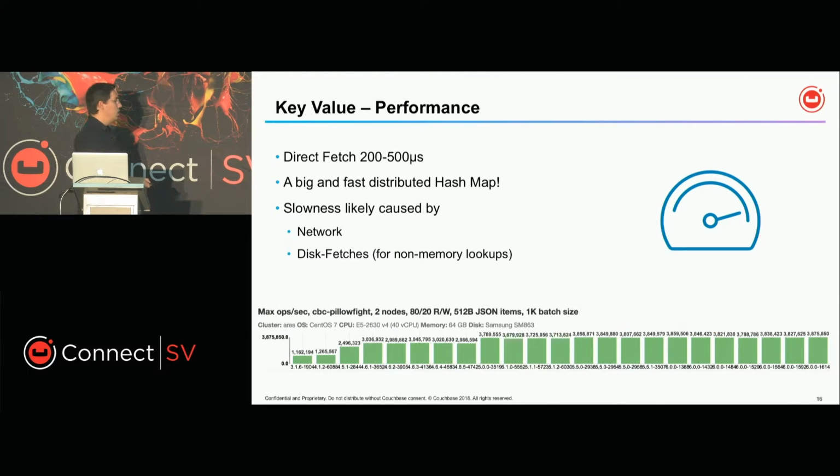Here is one benchmark I put in here. This is from our internal system where we keep track of performance, so we make sure we don't have performance regressions. Actual numbers are always hard because they depend on your requirements, but you can see there is a trend. This system does 80% reads, 20% writes on half kilobyte JSON items with a batch size of 1,000 inserts or reads.